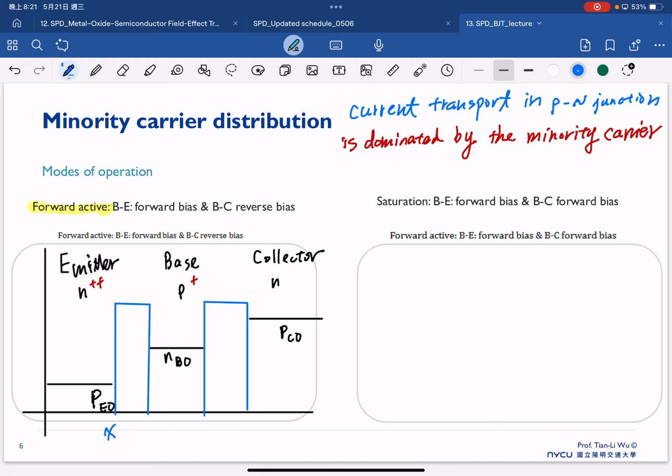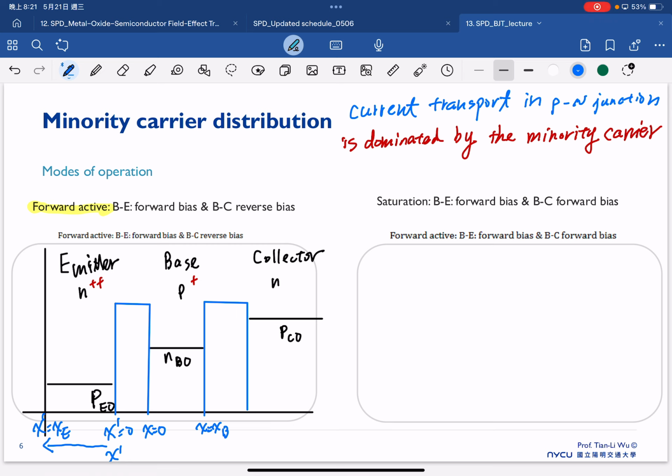emitter is defined as x prime equal to 0, and this is x prime equal to xe. So this is the coordinate x prime in this direction, and we can also define this as x equal to 0, and this will be x equal to xb.